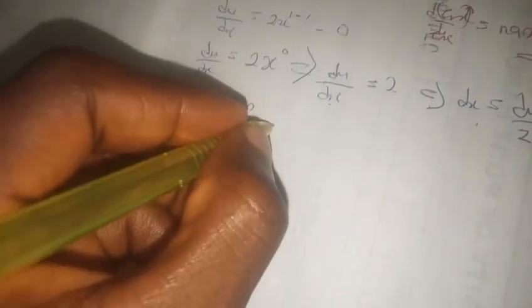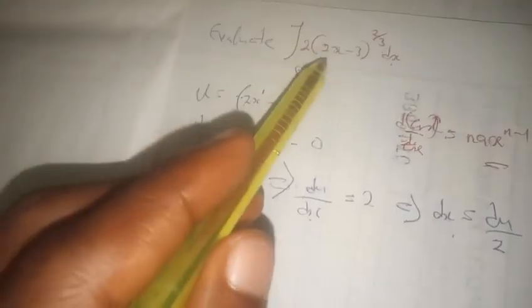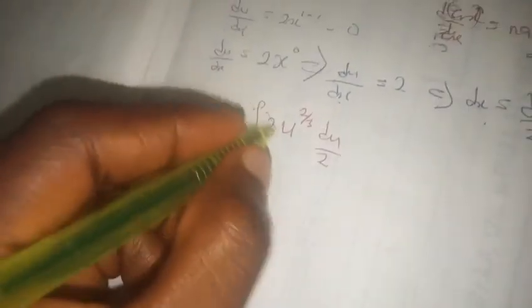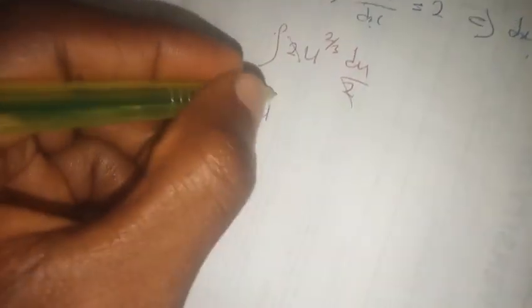So this can now look this way, evaluating to, this is u, so put our u value there, u^(2/3), and dx is du over 2. So in this case, the 2 is going to eliminate the 2 here, so we are only integrating u^(2/3) du, and to do that we are going to just add 1.